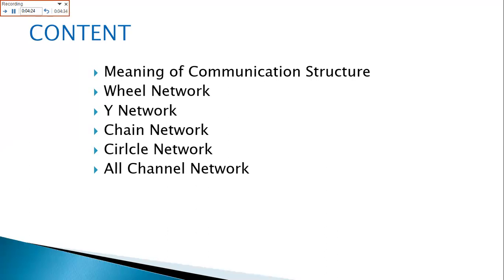It is centralized communication network.